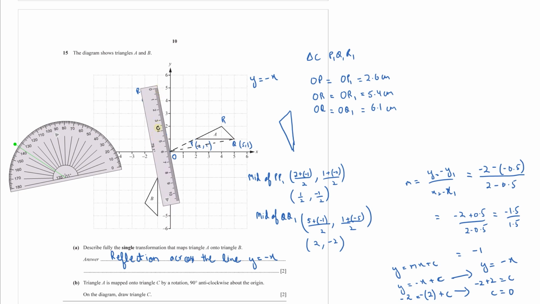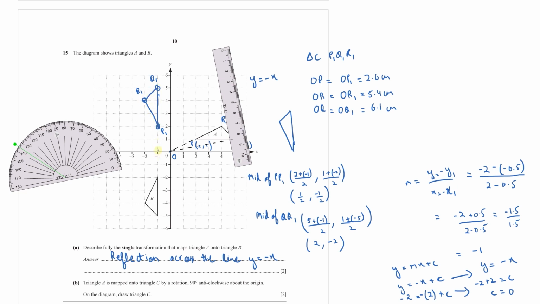This is my point here at -1 and 5 on the y-axis. So my point Q1 is this one here. I can move my ruler away, and this would be my point Q1. So now I can draw my triangle. This triangle here, P1, Q1, and R1 are the three vertices.